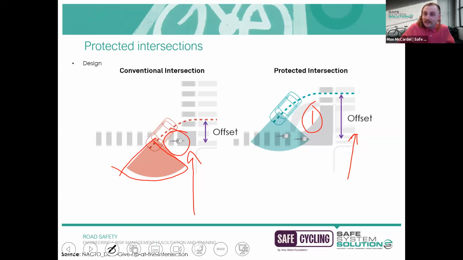So if you have ever been on a bicycle and you want to go through an intersection and you've had a vehicle that's turning left in front of you, there is generally that uncomfortable feeling of, do they know that I'm in this bicycle lane? Can they see me? Who's going to give way to who?